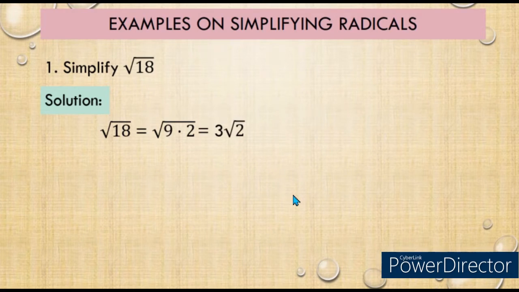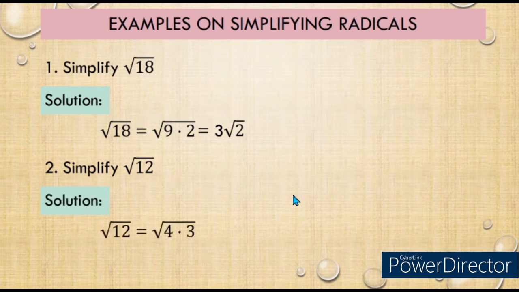Okay, so another example, we have to simplify square root of 12. So as you can see, the radicand is not a perfect square. So we need to factor 12. So hanapin natin yung isang factor ng 12 na perfect square. Okay, so what is the factor of 12? So we have square root of 4 times 3.